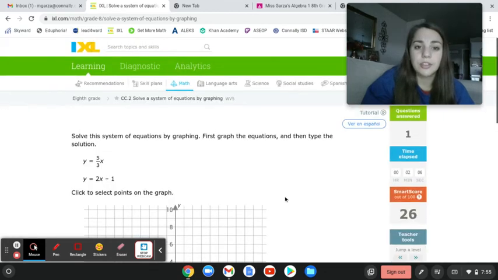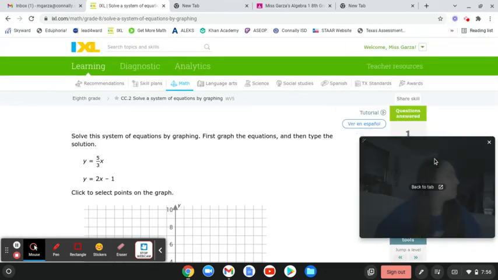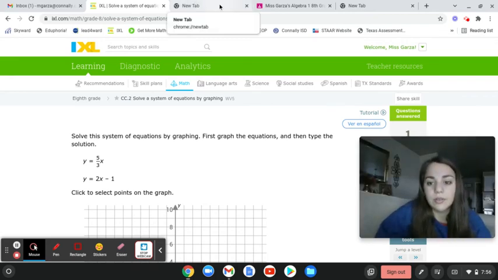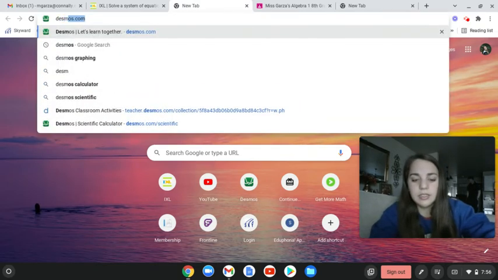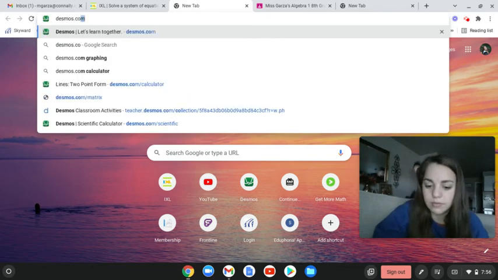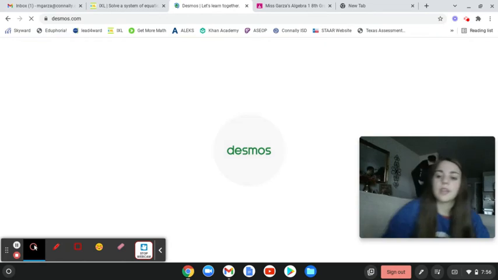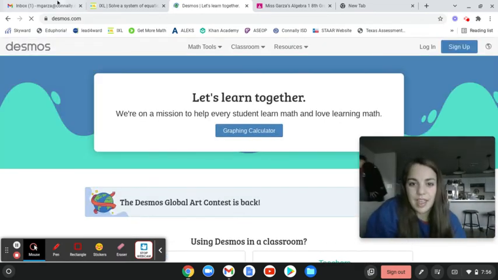I'm about to show you something that you're going to be like, what? If you go to a new tab and type desmos.com, you've got a graphing calculator that you can use.